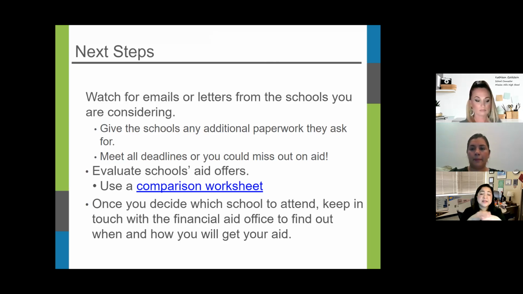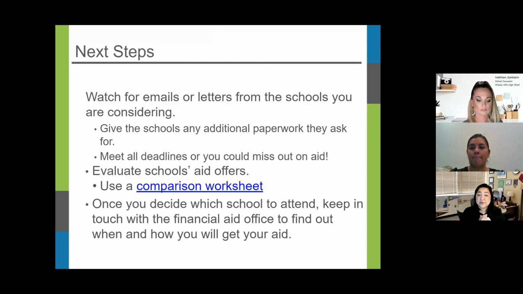And again, the FAFSA and the DREAM Act are live as of October 1st, and that is very early, and applying to college, those deadlines are often later. So it might be a while before you hear back from the school with a financial aid offer.